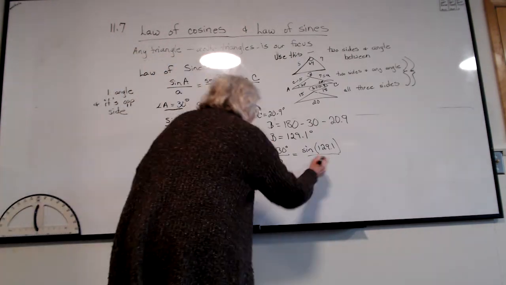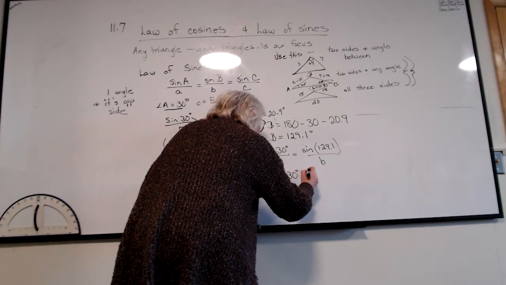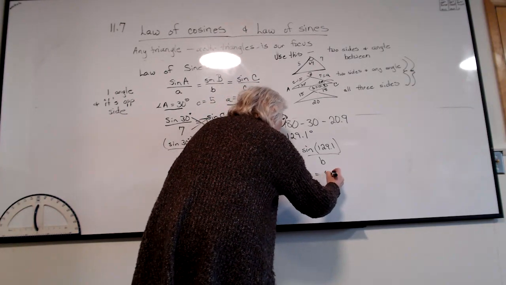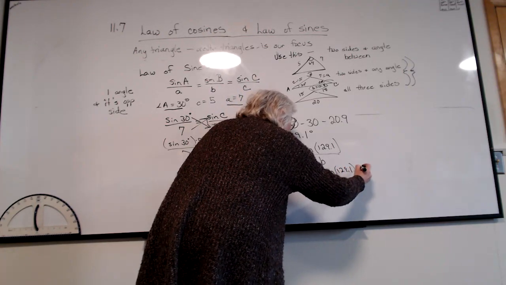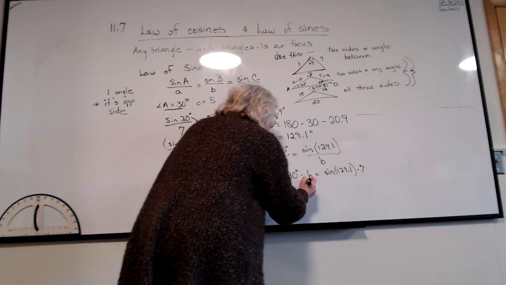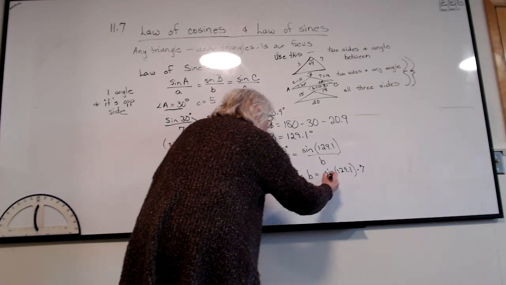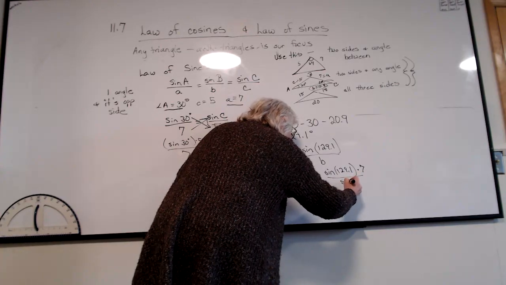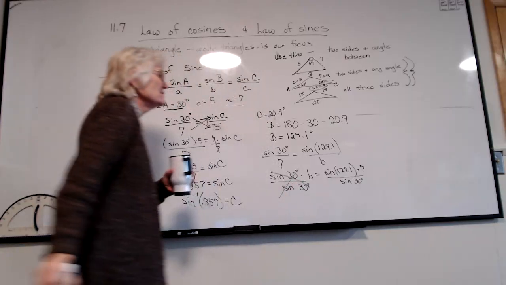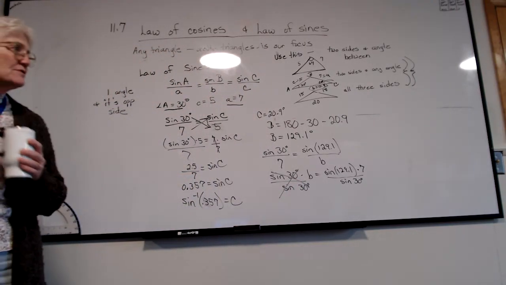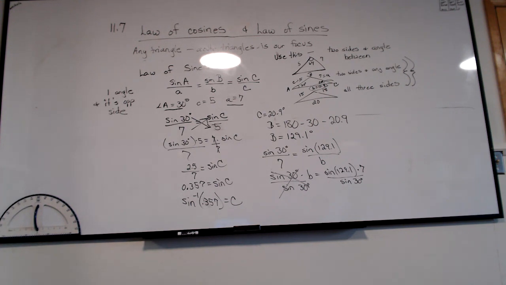So it's gonna be sine of 30 times b equals the sine of 129.1 times 7, and then we're gonna divide by sine of 30. Guys, are you doing this? You're gonna need to know how to do this. Okay, so b will equal the sine of 129 times 7 divided by the sine of 30. You write this down.